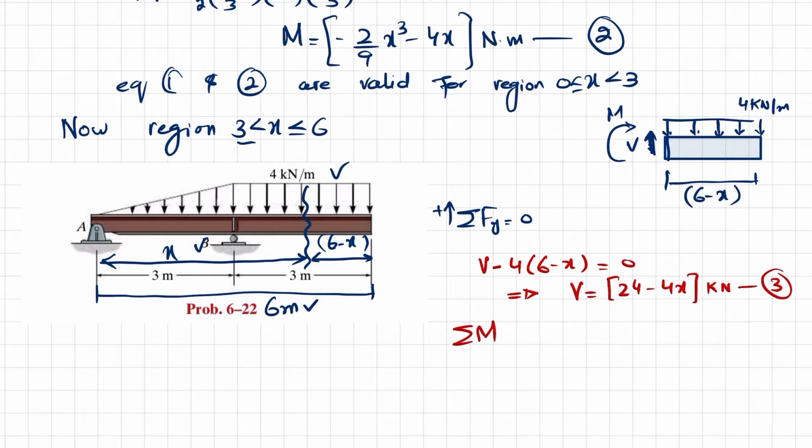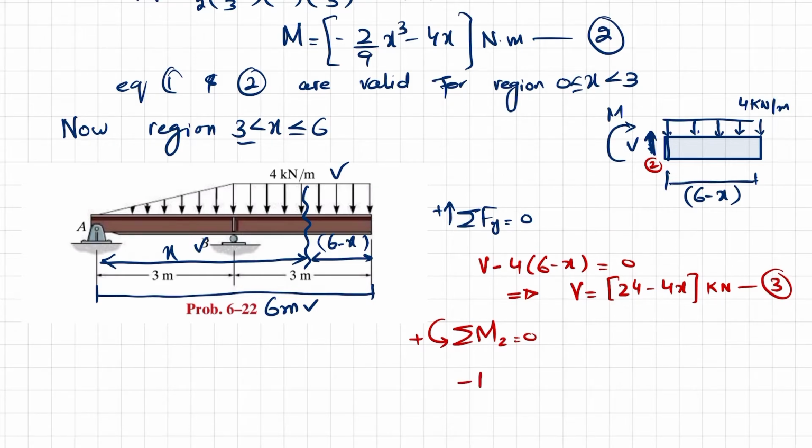We will find the moment, sum of all moment. Let this point be point 2, about point 2 is equal to 0, and taking the counterclockwise moment as positive. So the first external moment is M, that is clockwise, so it will be negative. Second moment will be 4 into this distance, and it will be acting at a distance of 6 minus x divided by 2.